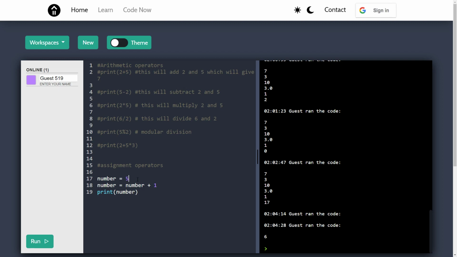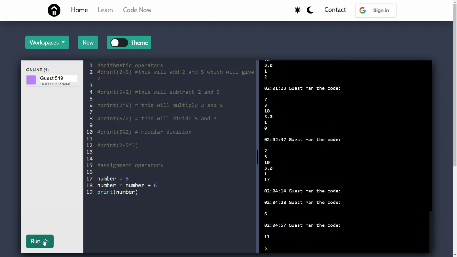So let's look at what this does. We're saying number is equal to 5. In memory, number is equal to 5. Then we are reassigning the value of number to, what is number? 5 plus 1. So 5 plus 1 is 6. Nice. Now if I were to do 5 plus 6, this should be, you got it, 11.